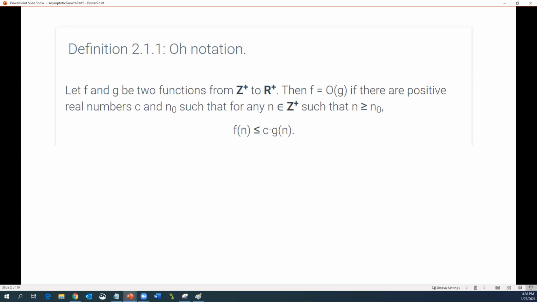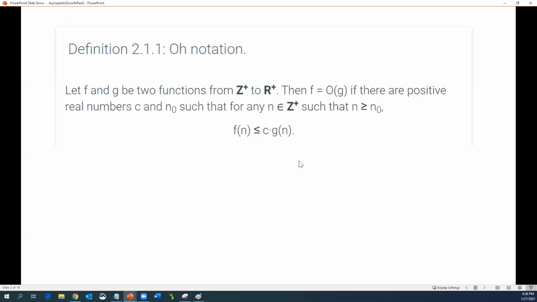So going from integers to the real numbers, f is O of g if there are positive real numbers c and n naught, where n naught means n sub 0, such that the constant c times g will always be greater than the function, at least once we get past a certain point for n. That's where the n naught comes in.